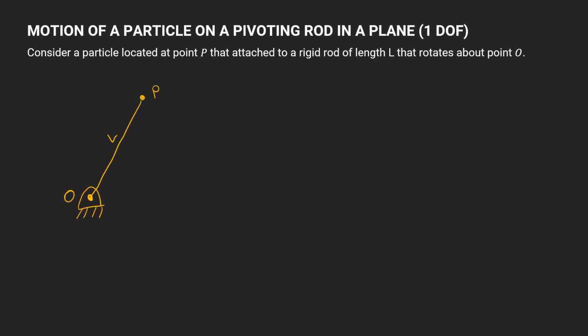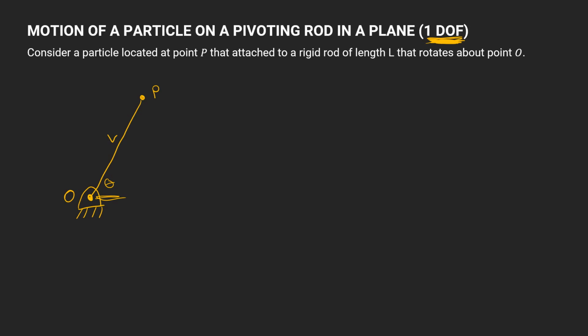So for example, if you know theta with respect to some reference, so what the angle of this rod is, then you know where point P is in space. And so that's why, for example, I put here, this is a system that has 1 degree of freedom.